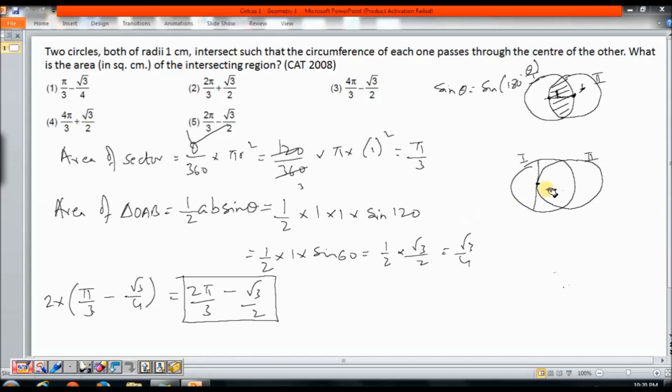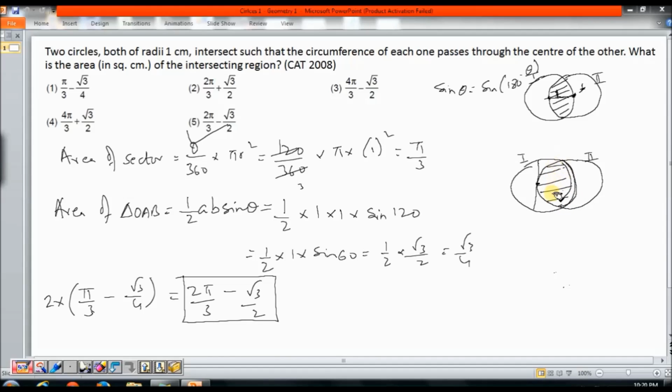Now, I want this area, right, which is clearly a part of circle 1 completely, or we can say a part of circle 2 completely. But let us consider circle 1 for the moment. So I can say this area that we are trying to find out is a complete part of circle 1, right? Circle 1 has a boundary till here.